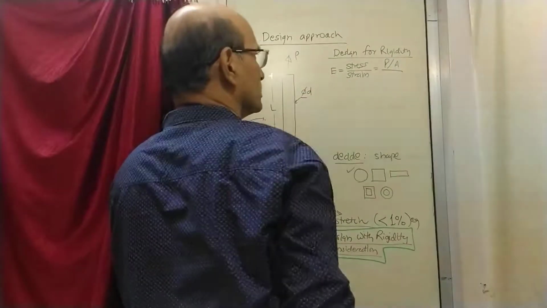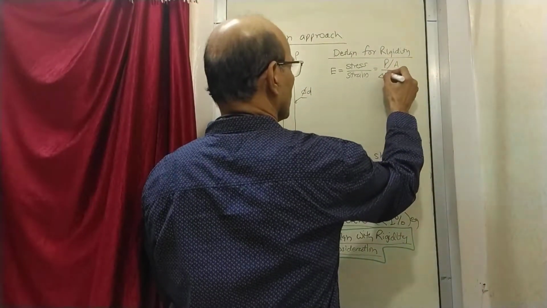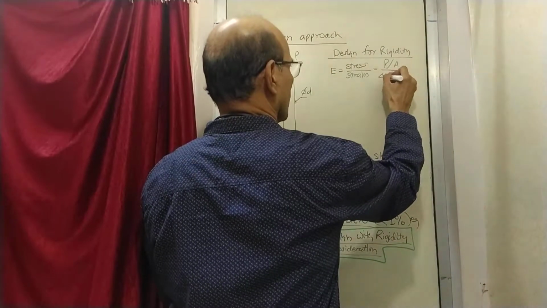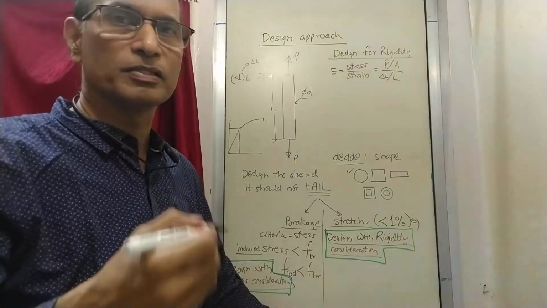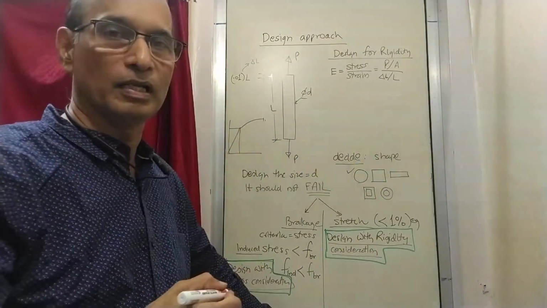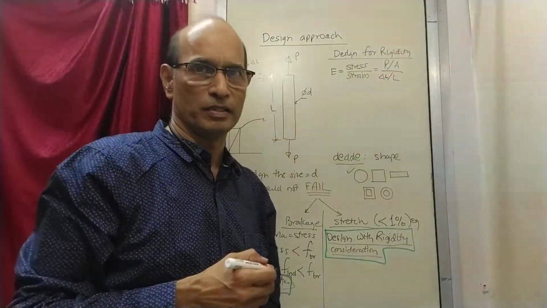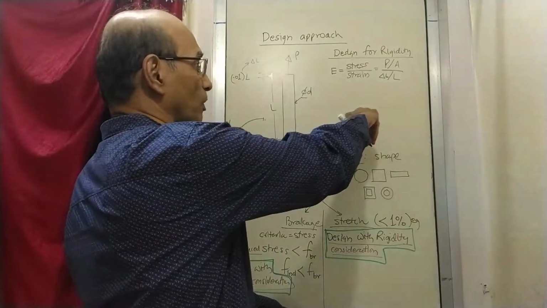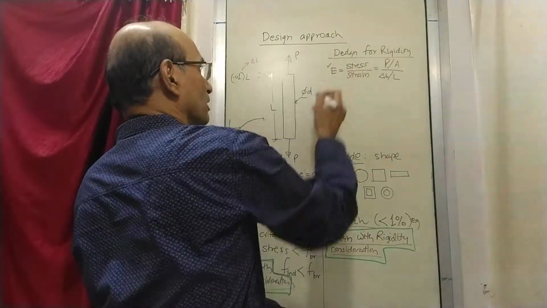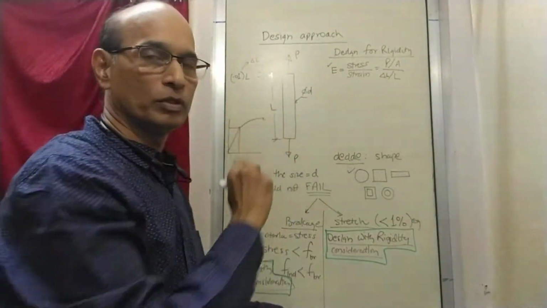P upon area is the stress, and strain is change in length upon original length. Now as you know, the material is selected, that means E is now final. For a particular material which is decided, it has its own E.